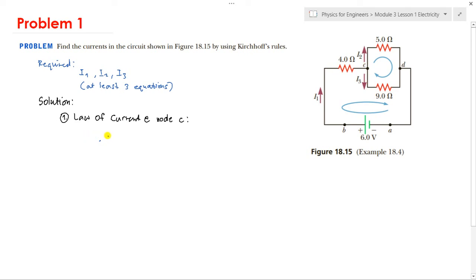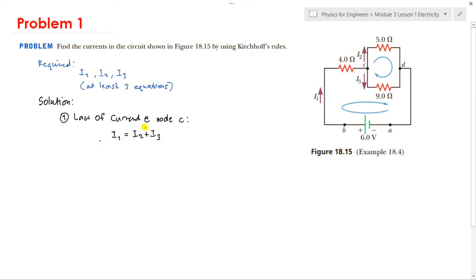So therefore we can say that the current entering node C, I1, is equivalent to the current that exits, that is I2 plus I3.